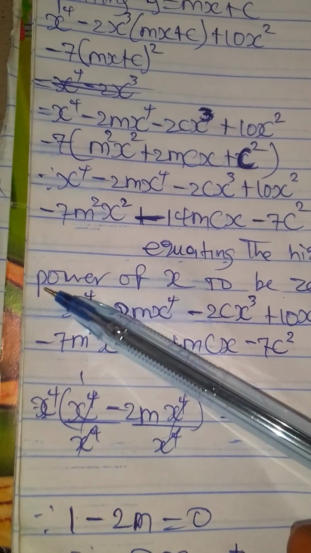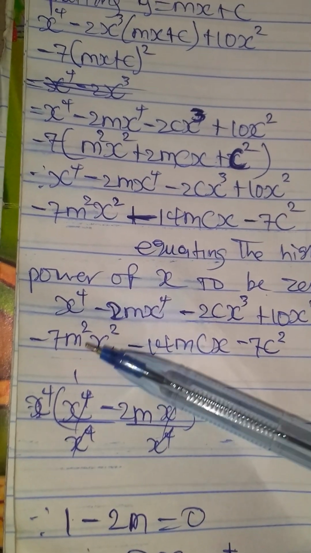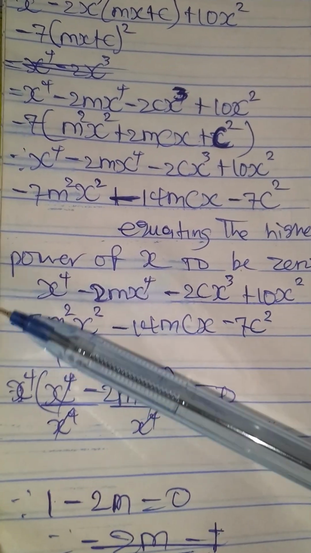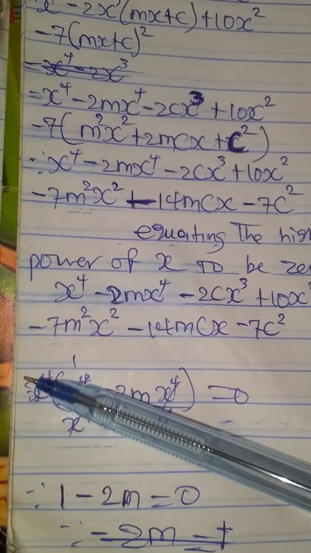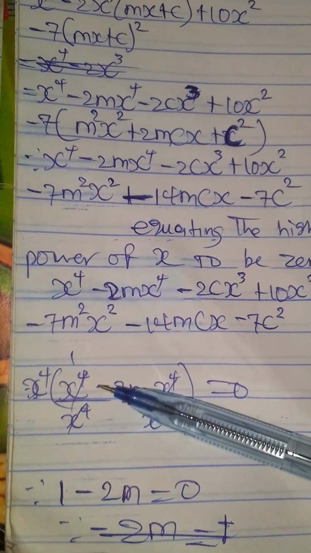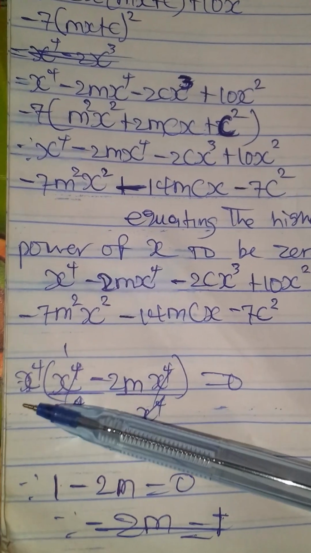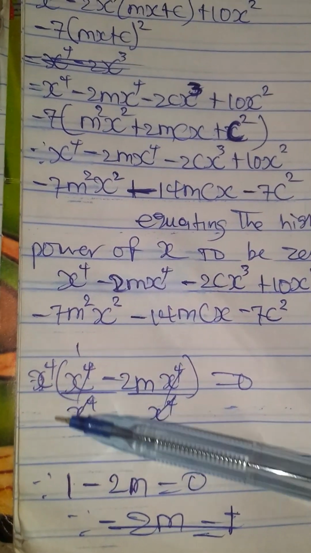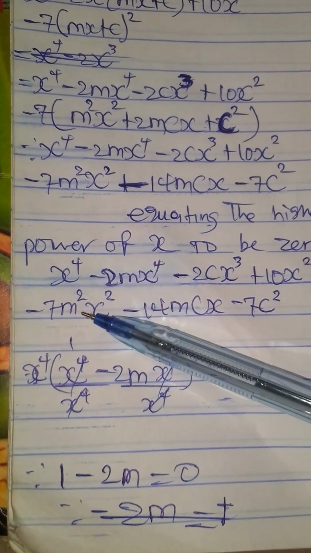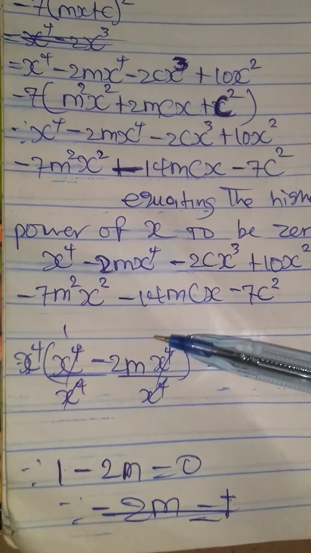Now you collect like terms, those that have the power of x^4: x^4 minus 2mx^4. If you factorize this, what's common here is x^4. So x^4 divided by x^4 gives 1, and 2mx^4 divided by x^4 gives 2m.